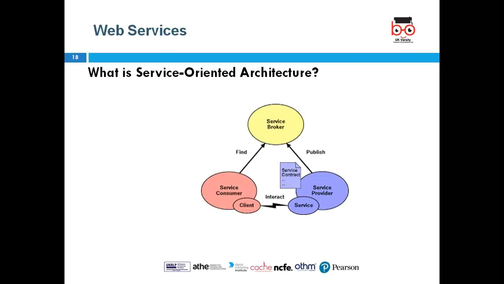The service provider needs to define the web service description into a language, which is the WSDL, Web Service Description Language. And the overall communication should be done using the SOAP protocol, Simple Object Access Protocol. So these are the pillars.